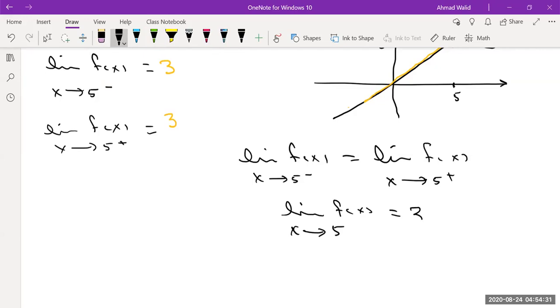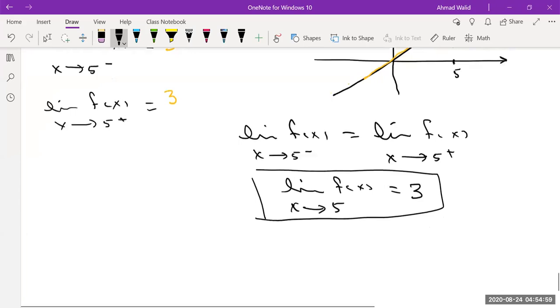To 3. That will be your answer. Very easy. The idea of left hand and right hand limit is really important. And please remember, a limit can exist only and only if the left hand limit and right hand limit are equal to each other. Correct?